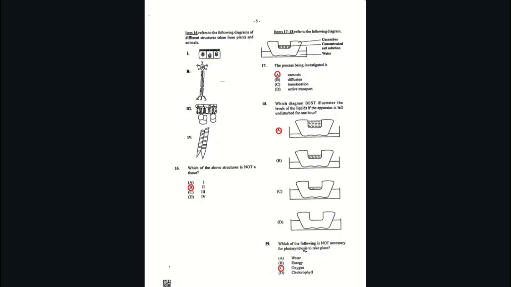Once water is involved, we're talking about osmosis. Diffusion more so happens in the air, so we can scrap diffusion completely. Translocation happens more in plants, dealing with the phloem, so we can scrap translocation too.